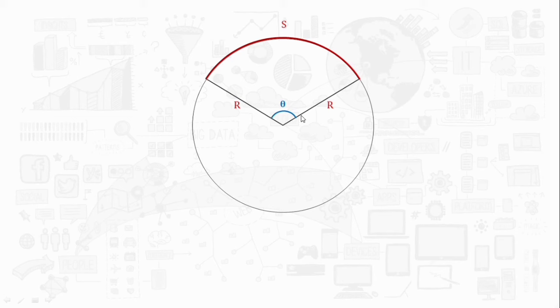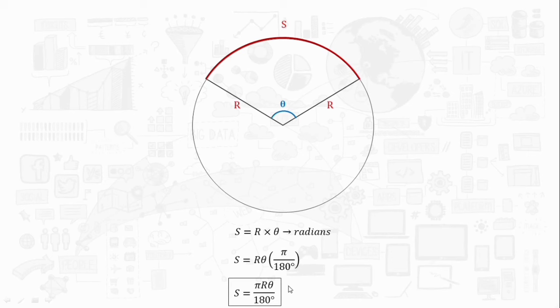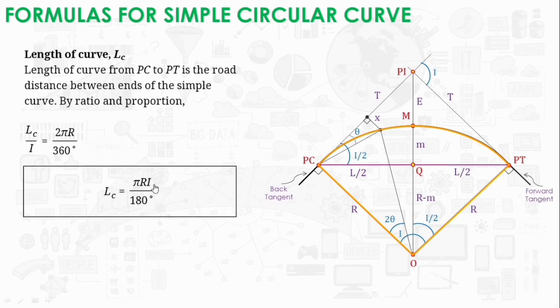So, the length of arc S equals R times theta, where theta must be in radians. Or simply, R theta times pi over 180 degrees. So, S equals pi R theta over 180 degrees. It is the same: pi R, the central angle I, divided by 180 degrees.